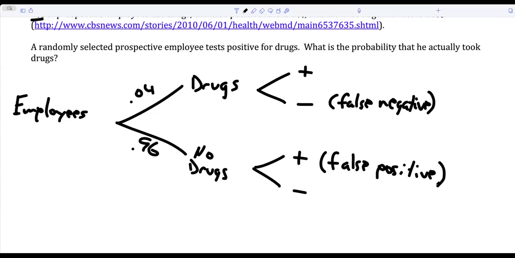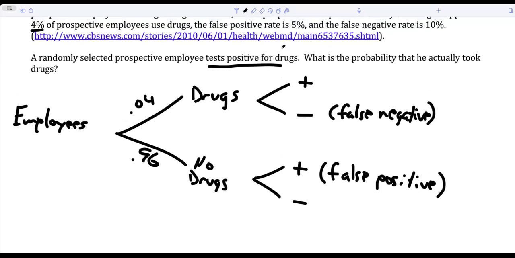Okay, so they asked, what is the probability that they actually took drugs, given the fact that they test positive? So we need to find the probability that they test positive. Okay, that's a conditional probability. So we're going to multiply this times this percentage. And so it says in the stem of the problem here that the false positive rate is 5%.